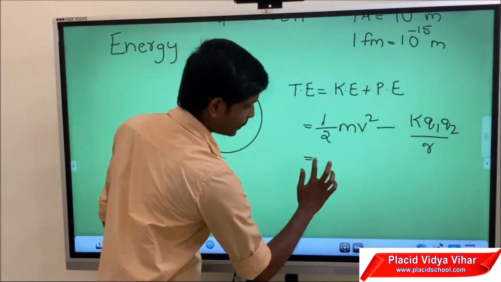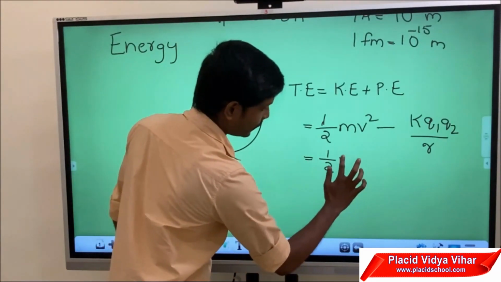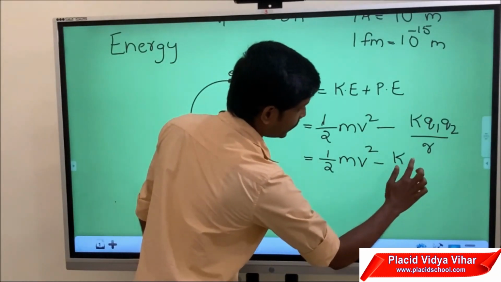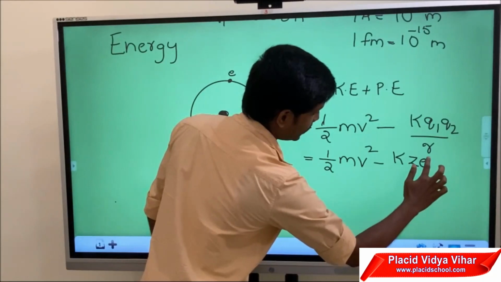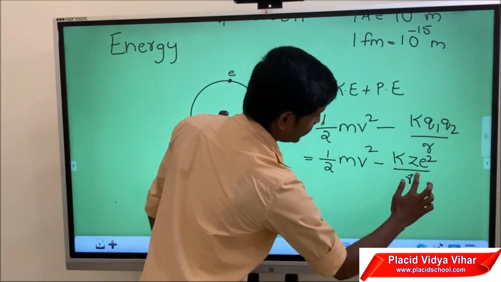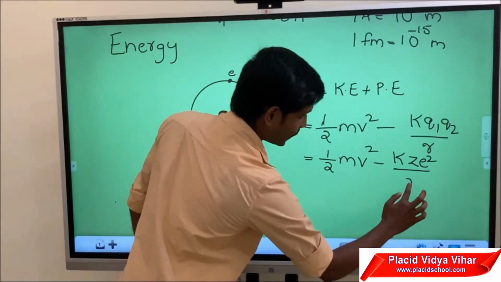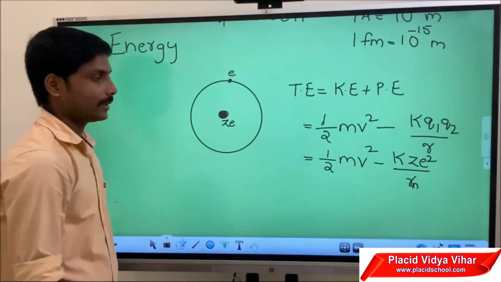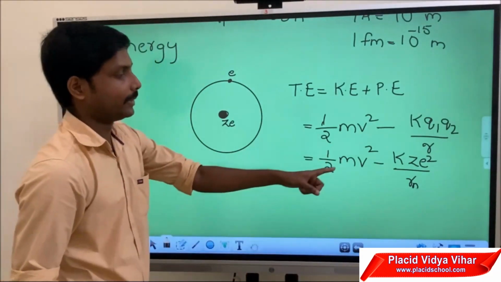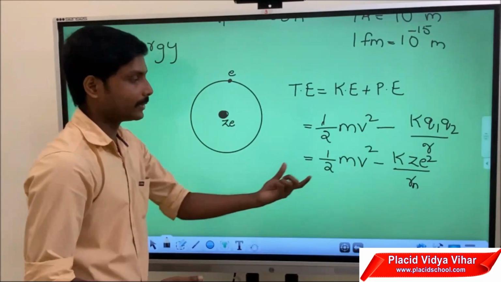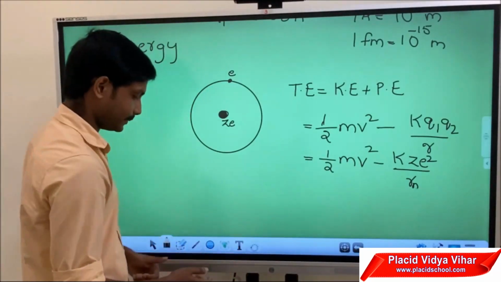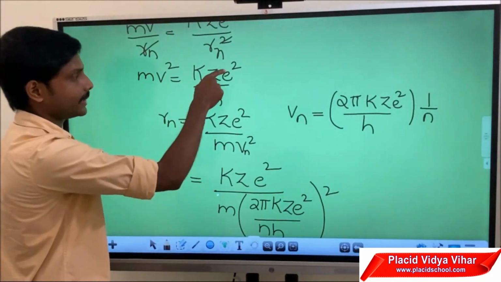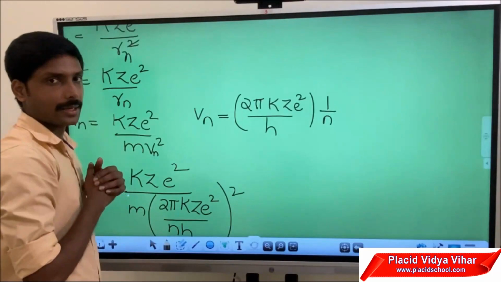So what will be the total energy? Half m v square plus k z e square by r. Let us assume it as r n. But we have derived an equation for this term already. Look at this equation: m v square is equal to k z e square by r n.